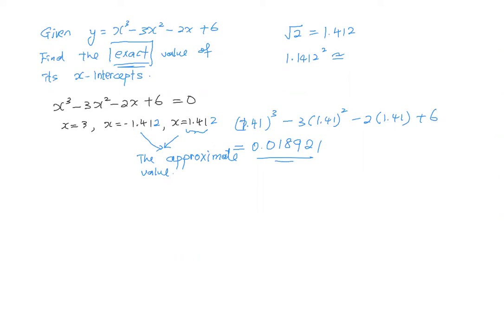You get approximately 2, correct? So this is considered as approximate value. So this is considered as exact value, because if I take square root of 2 and square it, I get 2. So you understand the meaning of exact value and approximate value?